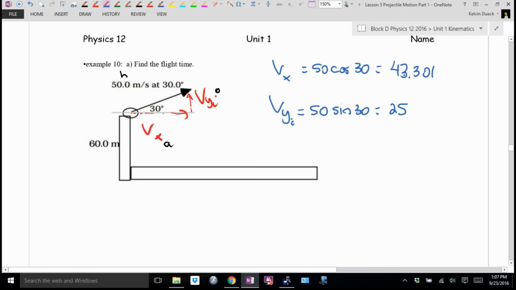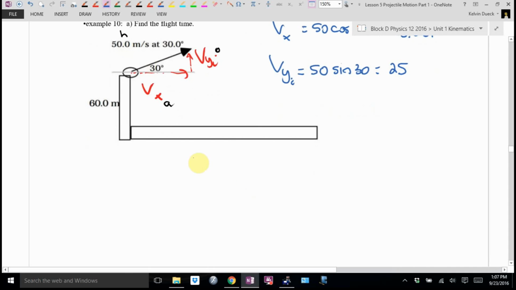Okay. Have we got our components? What's our next strategy? T-chart, T-table, whatever you want to call it. Let's break it up. So I'm going to go horizontal, vertical, and I can write down the two things that I hardly have to think about.